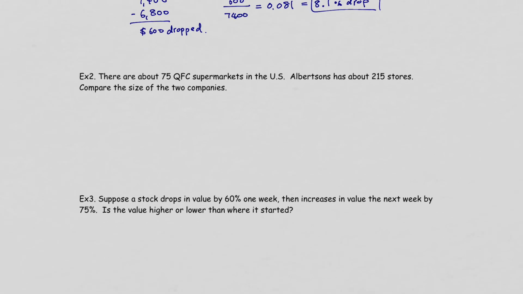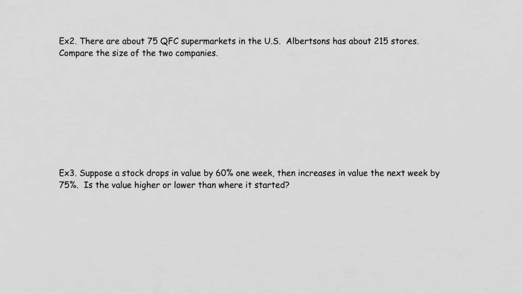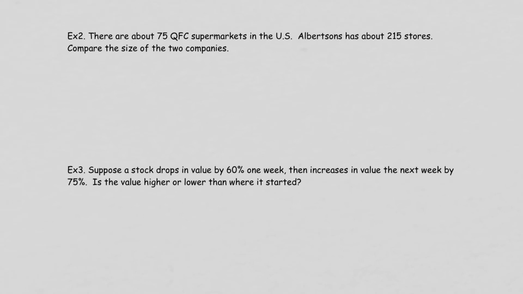What about the next problem? Next, you have two different types of supermarket: about 75 QFC supermarkets and 215 Albertsons, and you wanted to compare the size of those two. You have two different ways of comparing it.